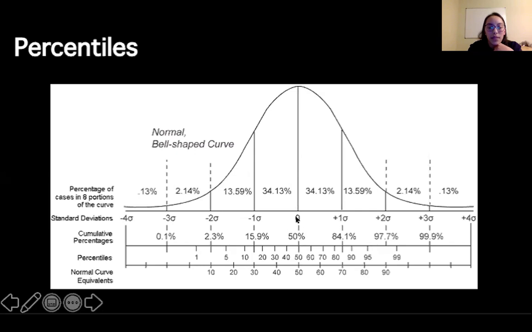And then from this mean, usually there's a good chunk of people who are kind of surrounding that mean, right? Or we have higher frequencies of people for whatever unit we're measuring closer to the mean. And then as we get further and further away from the mean, which we talk about in terms of standard deviations, right, we get smaller and smaller and smaller frequencies.